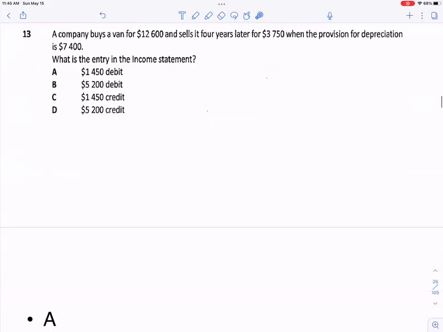Come on, 13. Cost is how much? 12,600. Accumulated depreciation is given to us, that is 7,400.